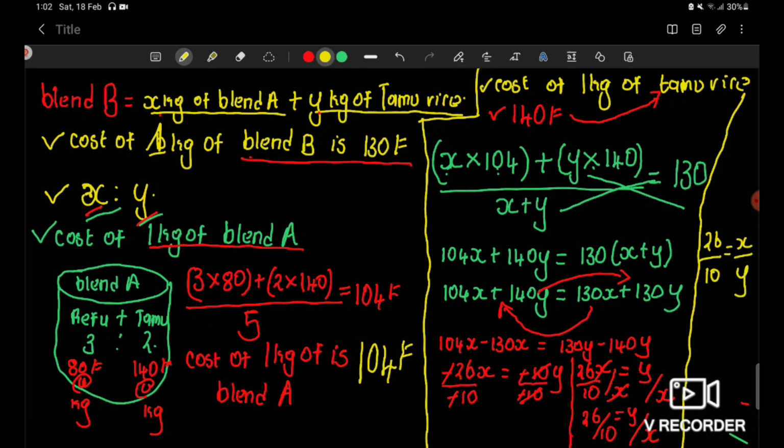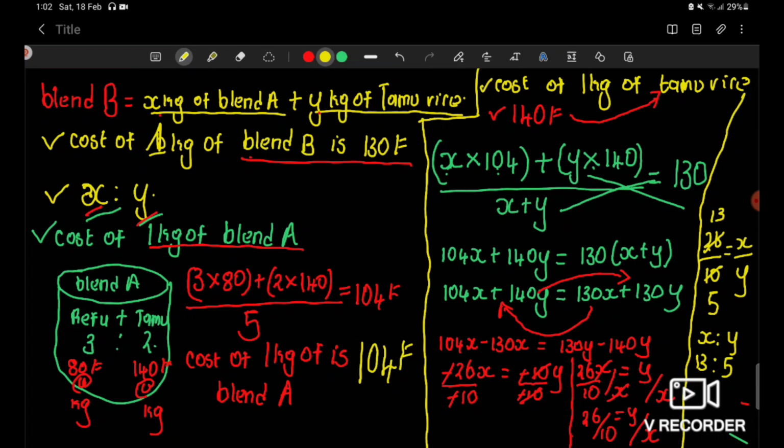If we simplify, we can say by 13 by 5. So our ratio will be x is to y will be 13 is to 5. That is our answer. That is the way that question was done.